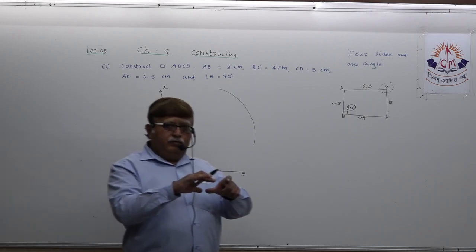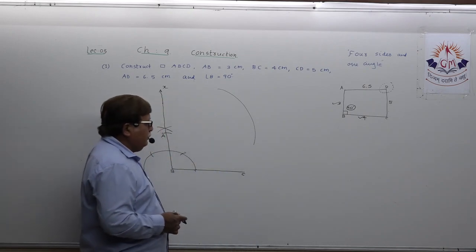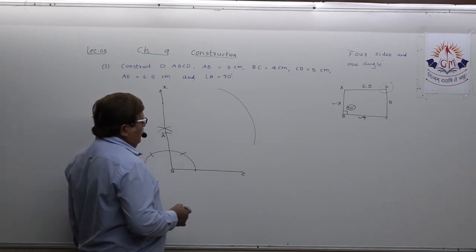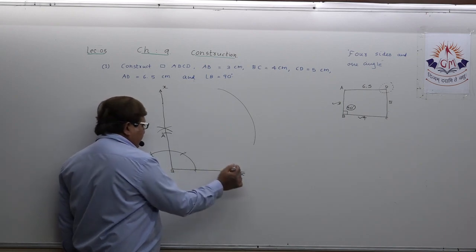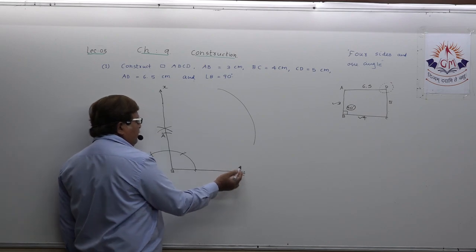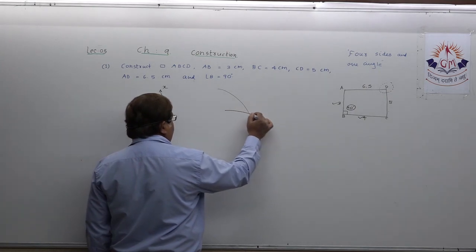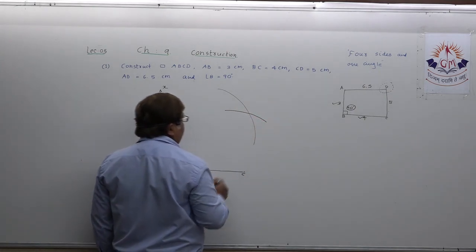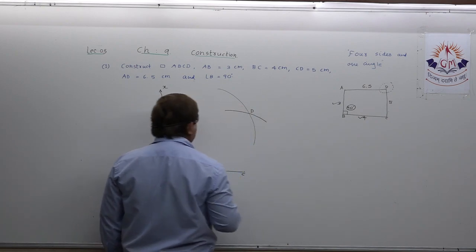Take radius of 5 centimeter on ruler. After you have taken radius of 5 centimeter, center your compass at C and intersect this arc. This is what you got, point D.